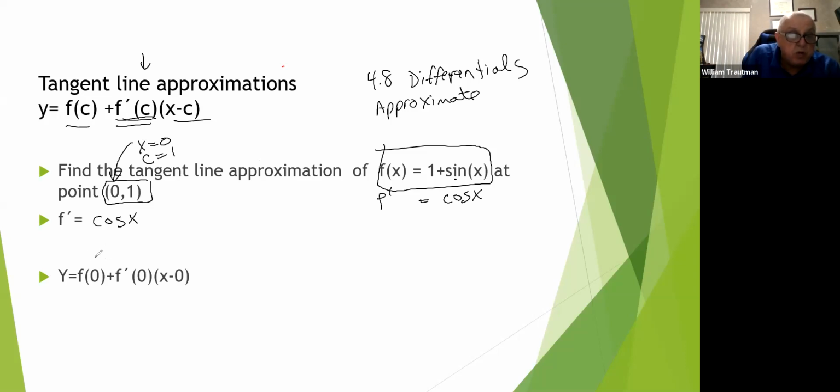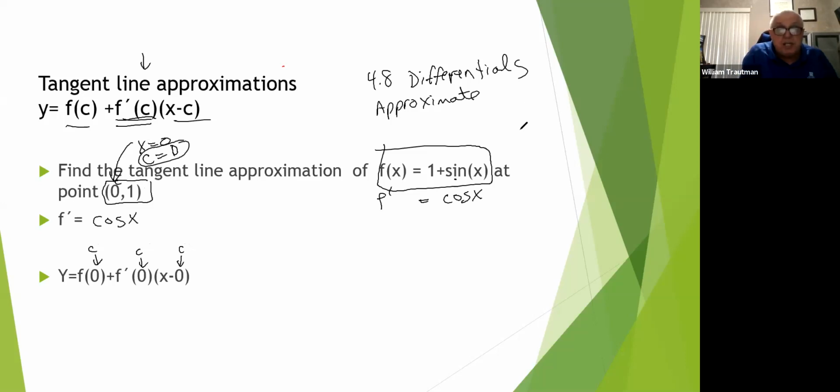Do you see everywhere there's an x value, we put 0 in it? In other words, x is the c. We still leave the x there, but c equals 0. This is the point that we're doing the function on.